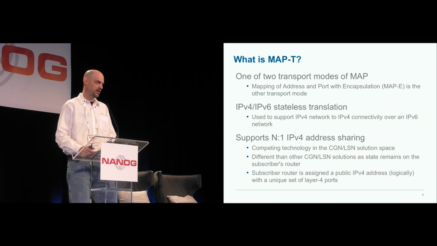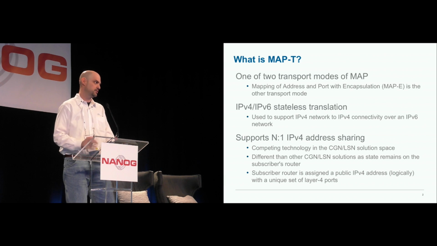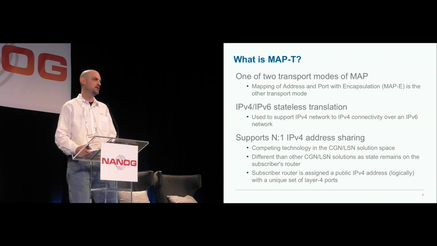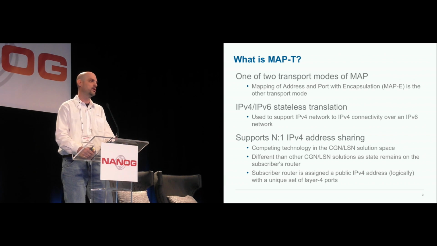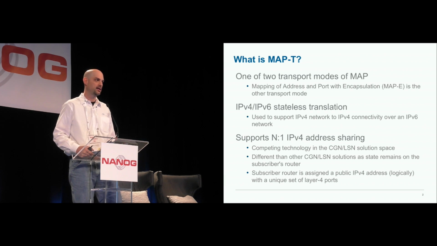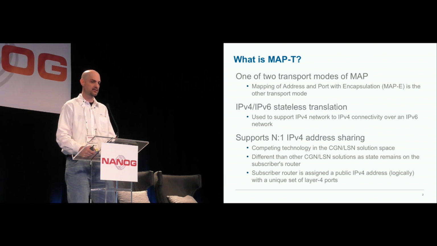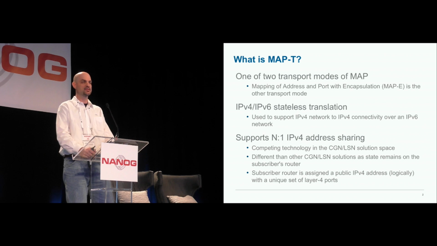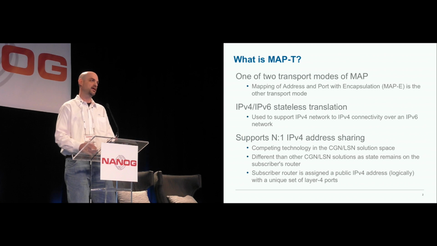Now, our primary application for MAP-T, though it doesn't have to be implemented in this way, is to support end-to-one IPv4 address sharing. This is similar to the competing technologies, carrier-grade NAT, large-scale NAT, but it differs in the sense that the service provider gateway component is stateless.